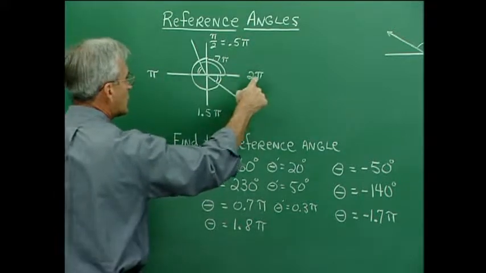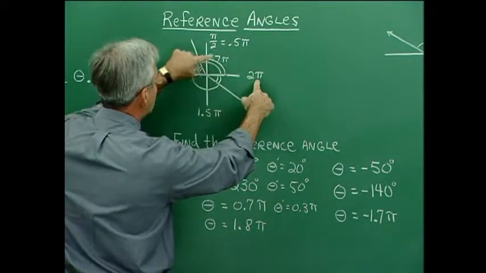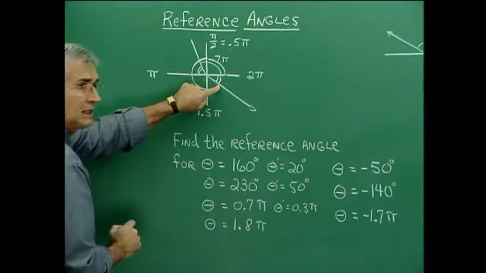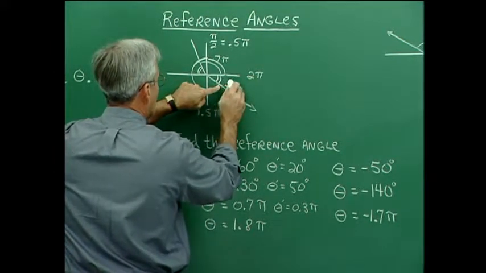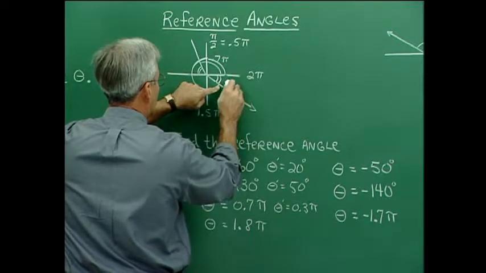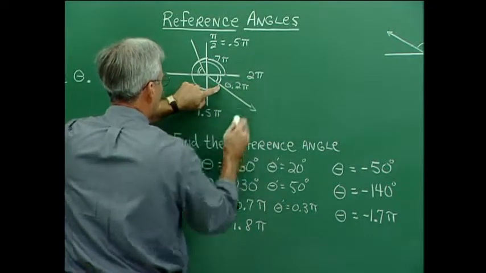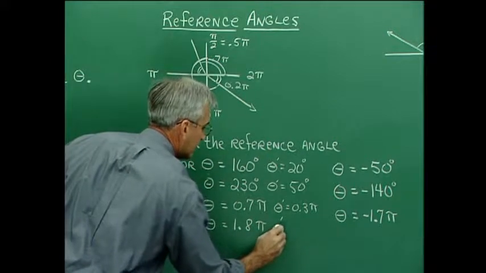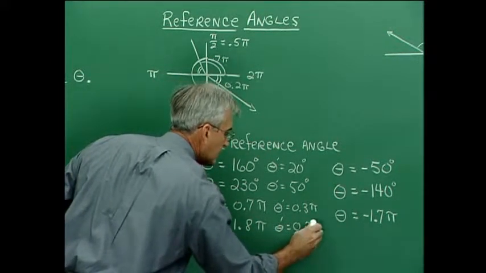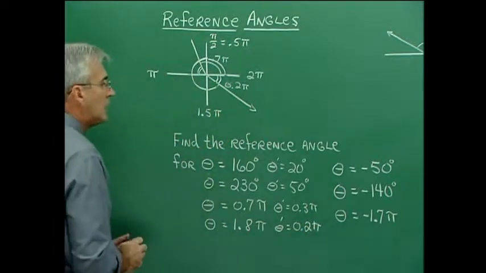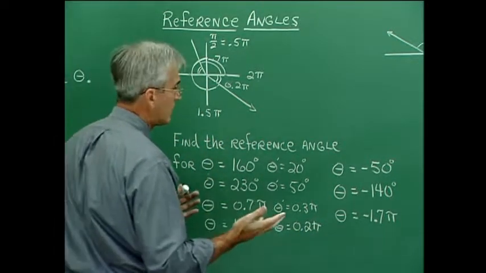So we're going to take the 2 pi and subtract 1.8 because 1.8 goes around to this spot. And so our angle in here is 0.2 pi. So theta prime is 2/10 pi.